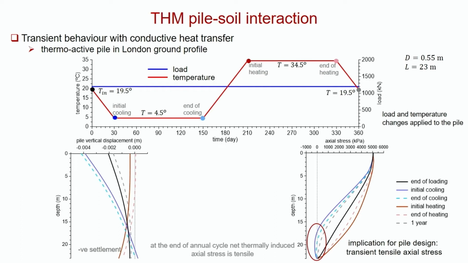If we go to here, when we've actually taken the load off, we end up with the grey one. So basically, even though we've done this cycle and ended back where we started, our pile is not in the same position and the load distribution in the pile has changed. And of course, we will then take this on to the next year, the next year, and the next year. So we need to account for this.